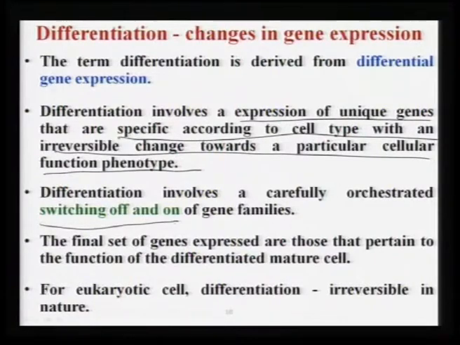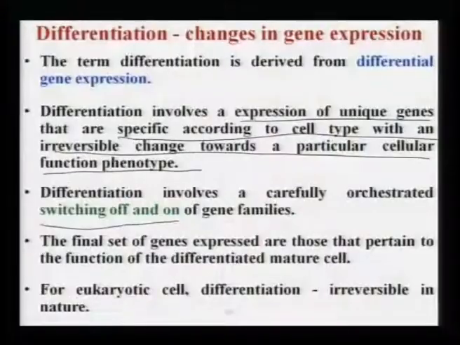Many genes are inactive, but the moment they get a certain signal for cell differentiation to take place, those inactive genes are switched on, so they become active. Once the differentiation process is over, they again become inactive. So, it goes through a switching off and switching on type of process.